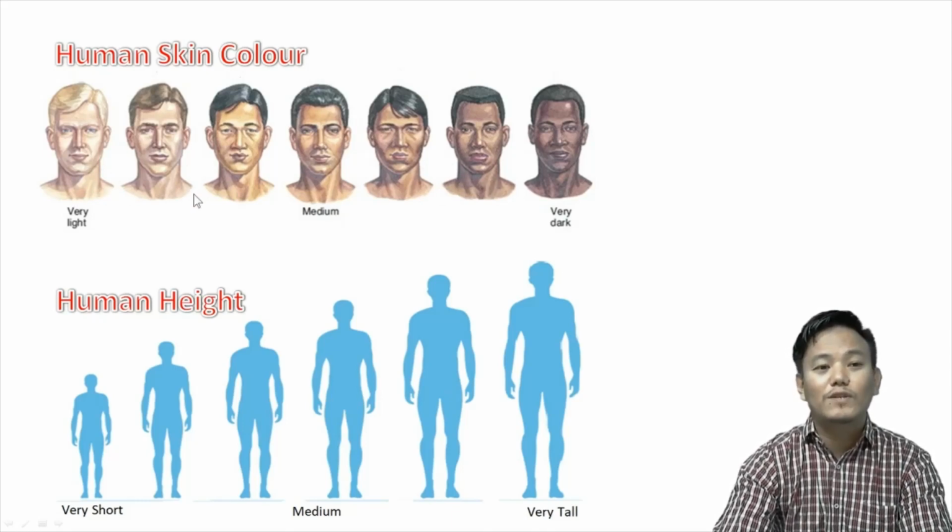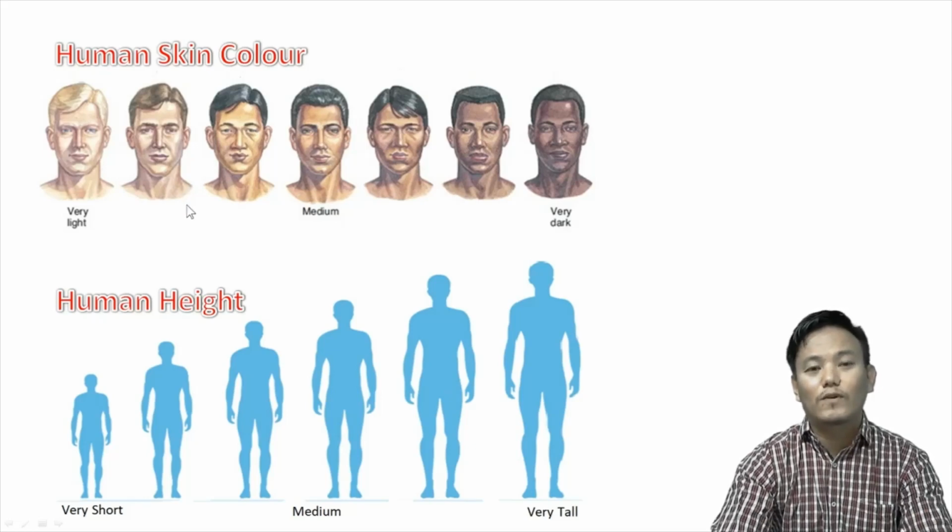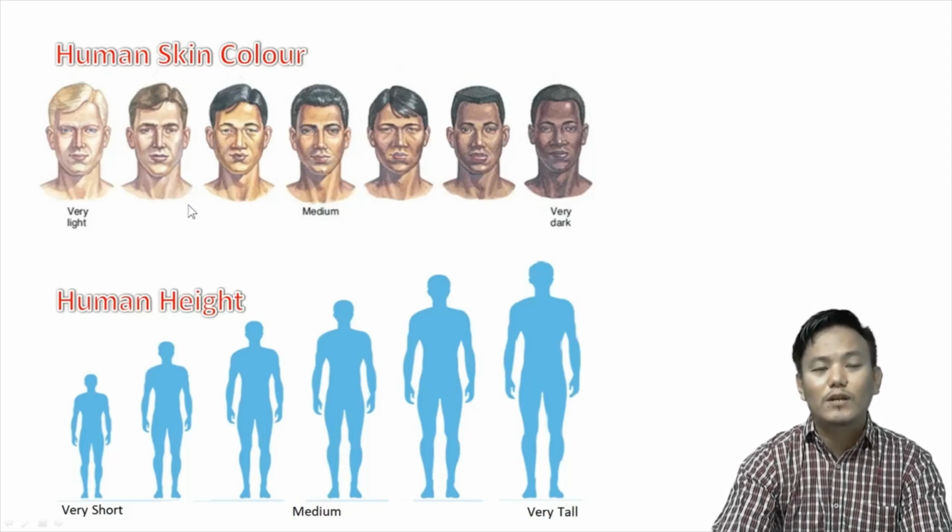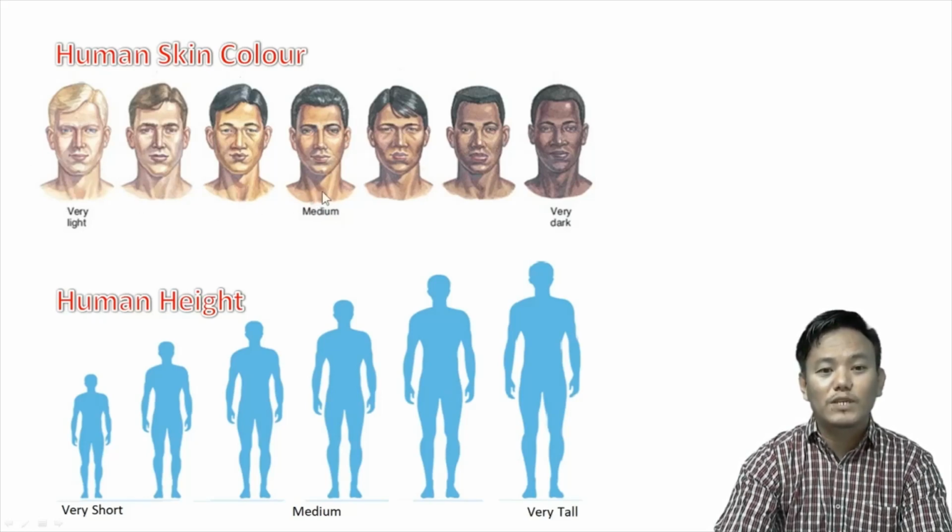We have different shades of human skin color. Let's see over here: very light, then medium, and then very dark. The darkness of the skin increases in this order, and we see many variations in between. It is called continuous variation. The same goes for human height.